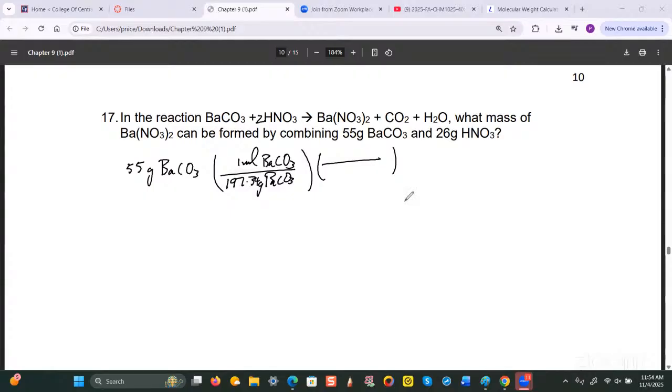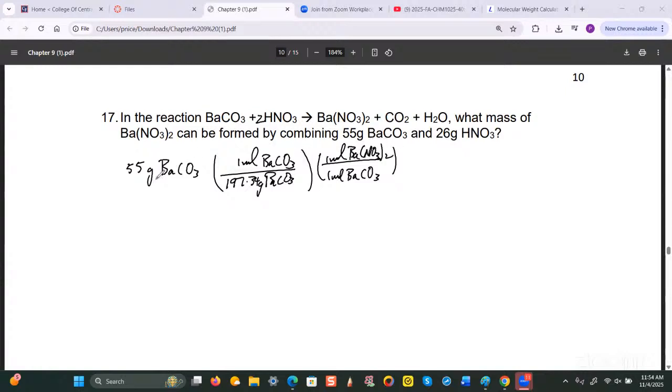You're trying to find the amount of barium nitrate, so I would not put 1 mole of barium nitrate here. Instead I will put 1 mole of barium carbonate below. Yes, you're right, barium nitrate would be up top. And up here, 1 mole of barium nitrate above.